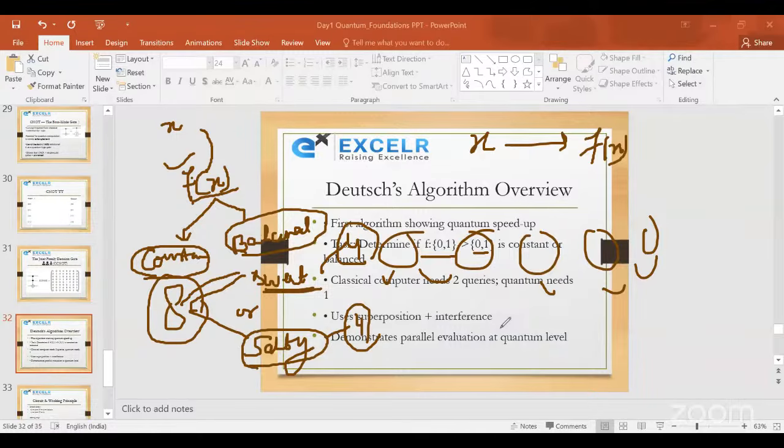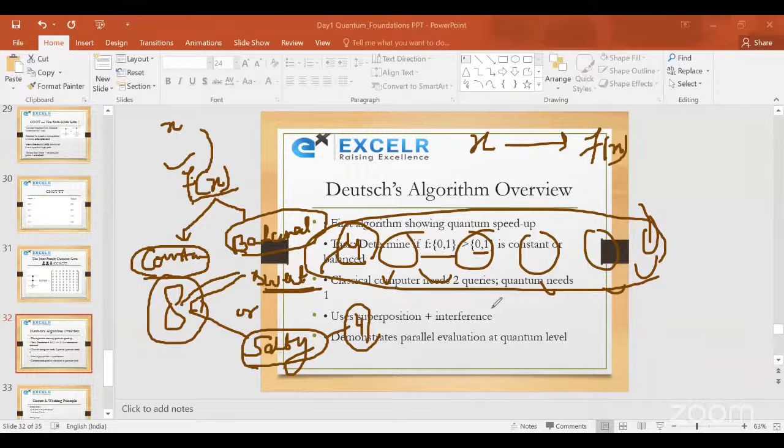This is what the classical computer is doing: picking the spoon from here, testing, and telling whether it is sweet or salty. So there are a total of 8 steps we have to follow, at minimum, to prove whether it is sweet or salty.